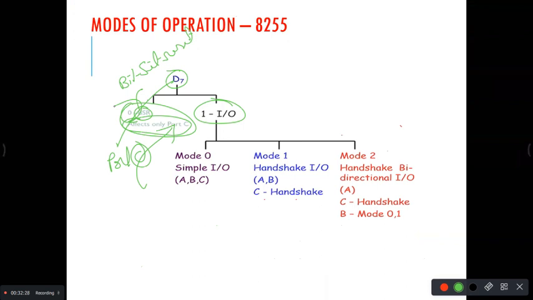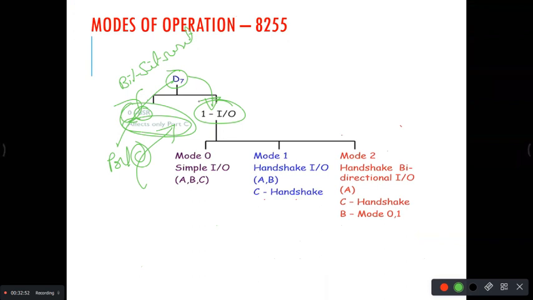Port A and port B are not used at all. Now, when the D7 bit is 1, that is IO mode, at that time you can use port A, port B, port C. But what is the difference between these? That is a very interesting concept.